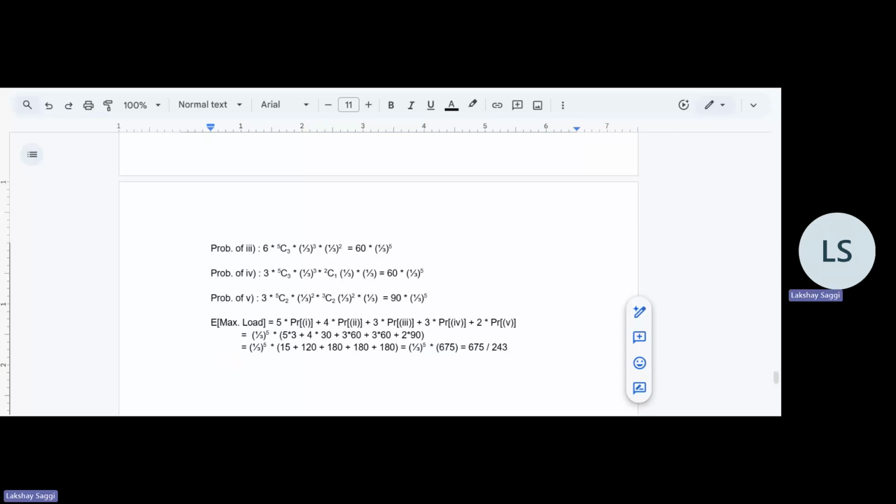Can we simplify this further? I think yes. Both of these are divisible by 3, so this becomes 225 divided by 81, and I think this can simplify further. This is divisible by 9, this is divisible by 9, so this is just 25 by 9.